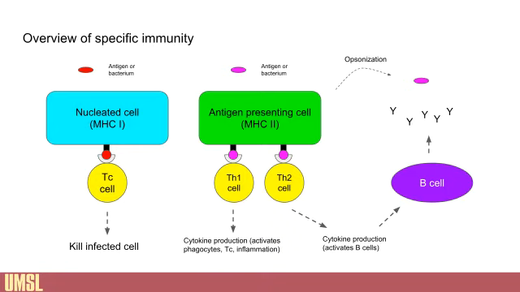Essentially, cytotoxic T cells also have T cell receptors that we'll see are variable in what they look for. But if these cytotoxic T cells are activated, they basically use their receptor to go find specific things and kill them. Namely, other nucleated cells that have been infected by a particular pathogen.